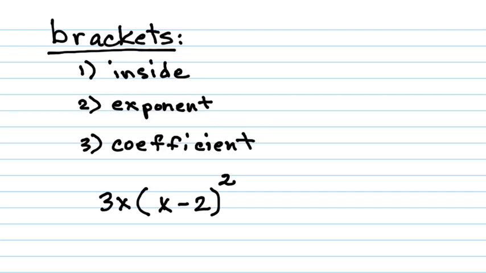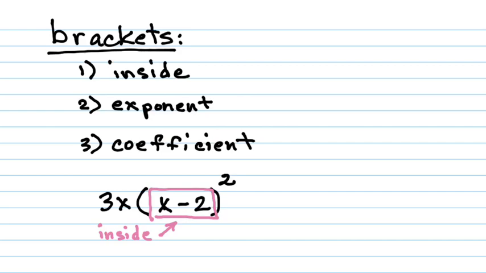So when I say the inside of the bracket, where do you think that means? The x minus 2. Exactly. This part is the inside. Makes perfect sense, right? It's anything that's enclosed in the bracket.